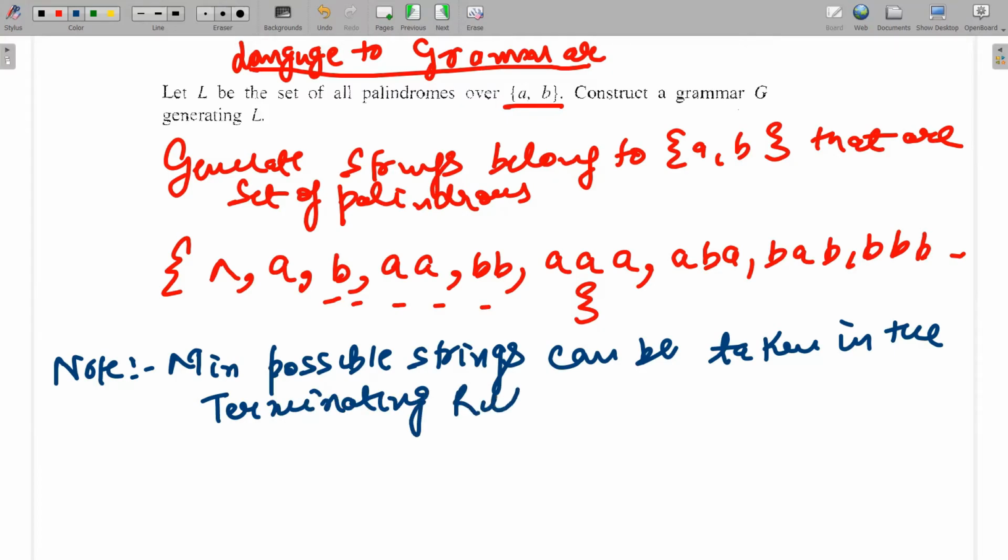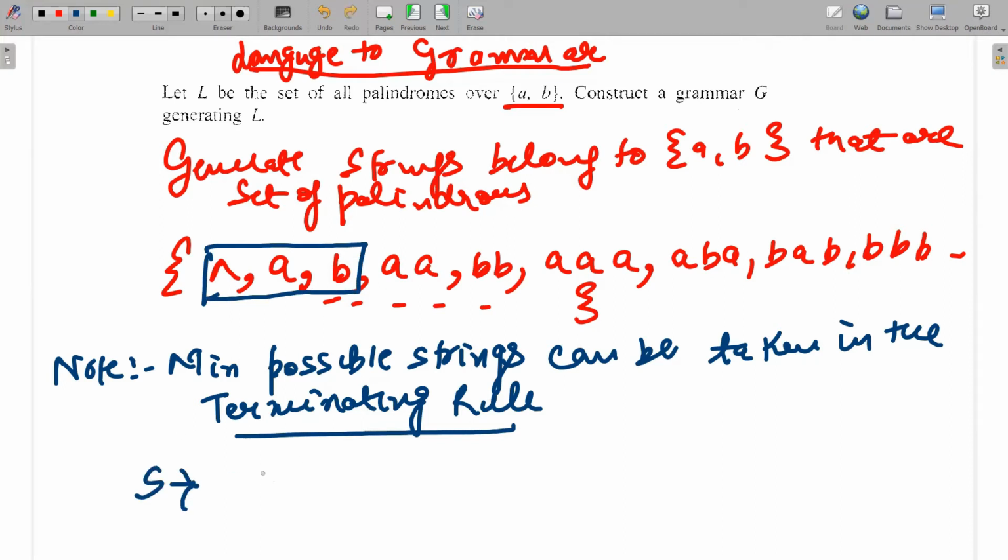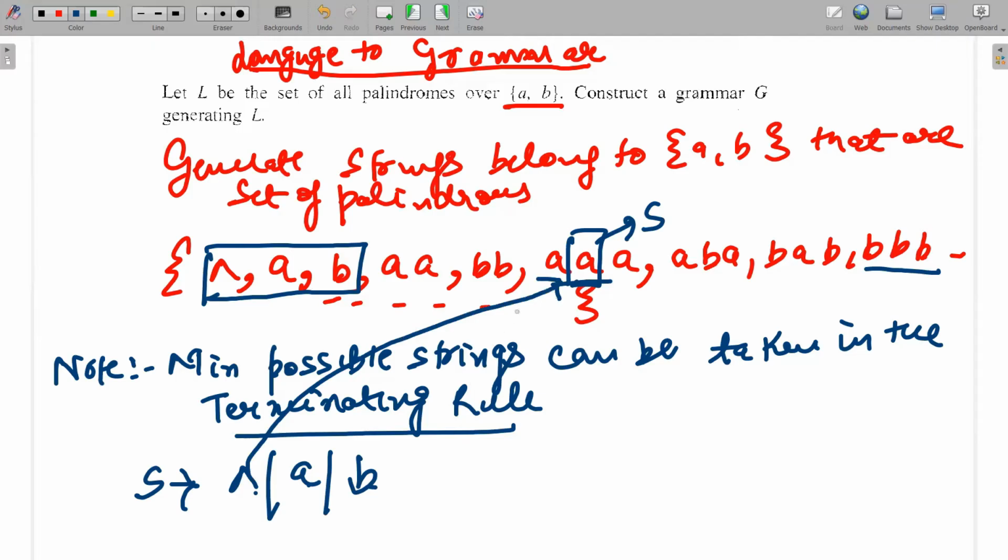If I talk about the minimum possible strings, null is one of them, A and B are the others. You can easily create S generating null as well as A as well as B. Now I have to think: just think over here with triple A and, let's say, triple B. If I place S over here, S now has three terminating rules: null, A and B. If you put null over here, what will you get?